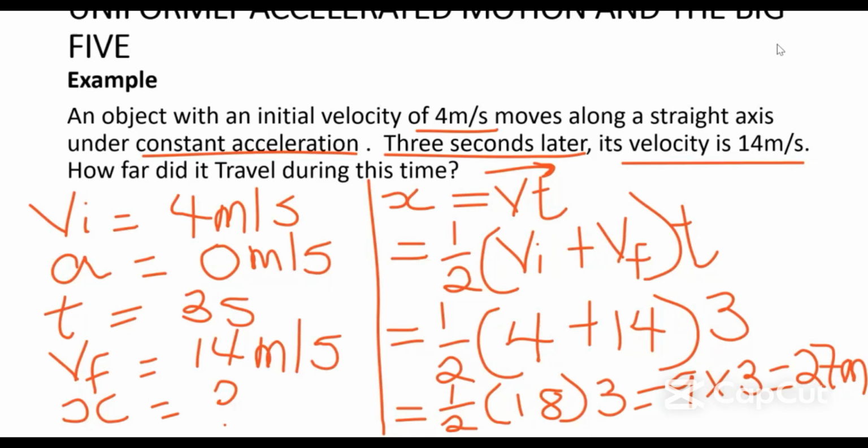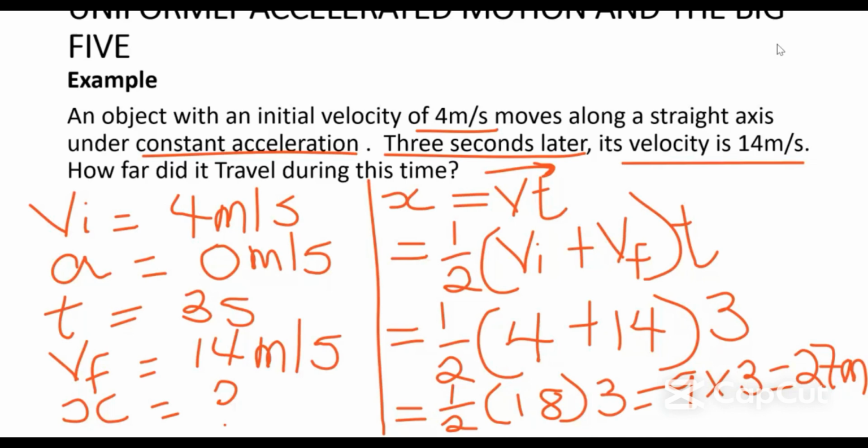Because looking at the big five, a is the missing variable and we're looking for x, so we apply the big five number 1. That is, x equals half of v0 plus v times t. Since a is the missing variable, we apply this to get the value of x.